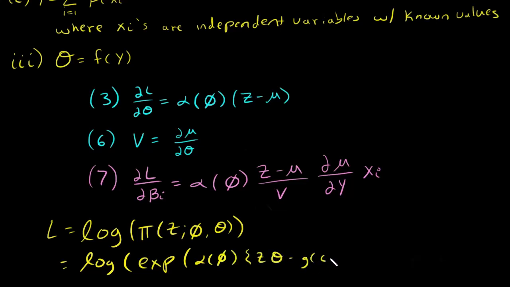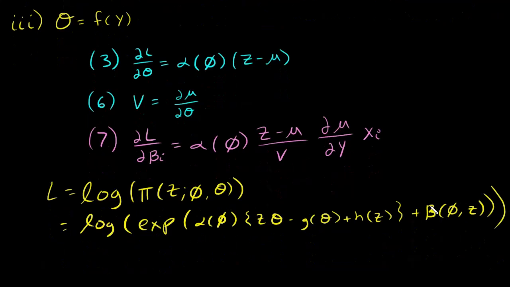Okay. And then, let's see, make sure my parentheses are all right. Okay, and then notice that the log and the exponent cancel each other. So it's basically just the stuff on the inside of, or in the exponent here.